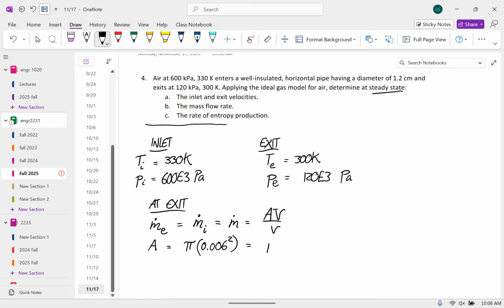So that's 1.131 times 10 to the minus fourth meters squared.